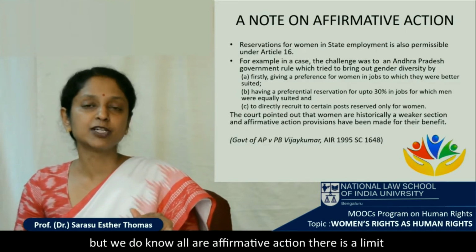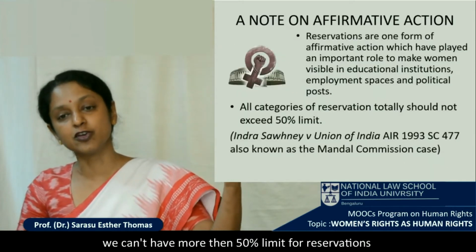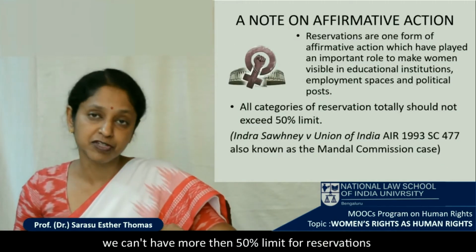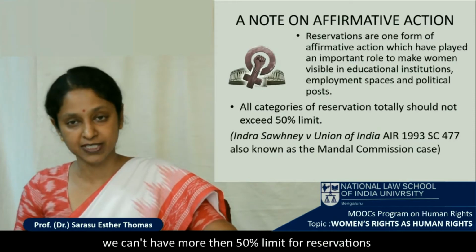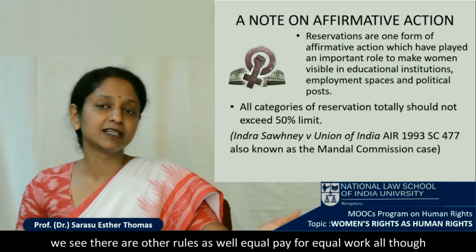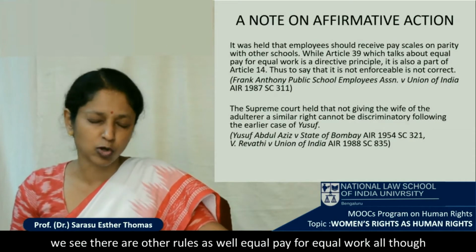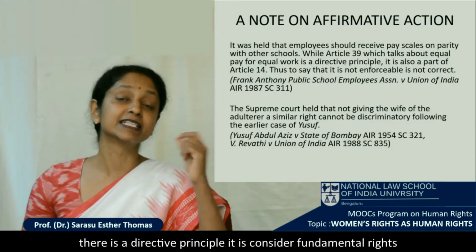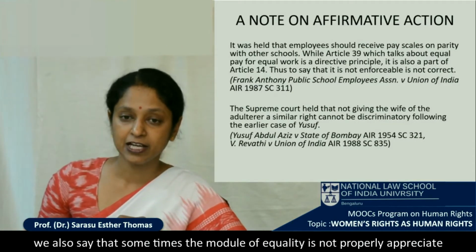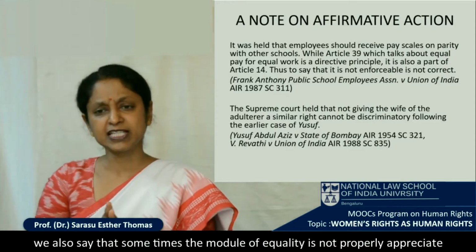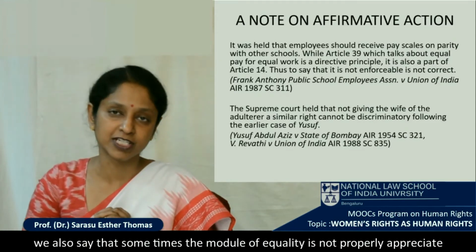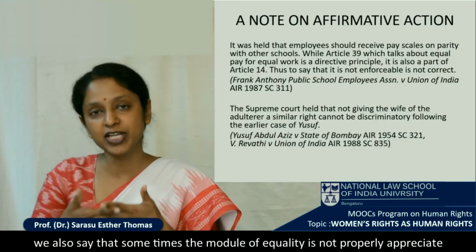But we do know that for all affirmative action there is a limit, so you can't have more than a 50% limit for reservations. We see that there are other rules as well, like equal pay for equal work. Although it's a directive principle, it is considered a fundamental right. We also see that sometimes this model of equality is not properly appreciated.